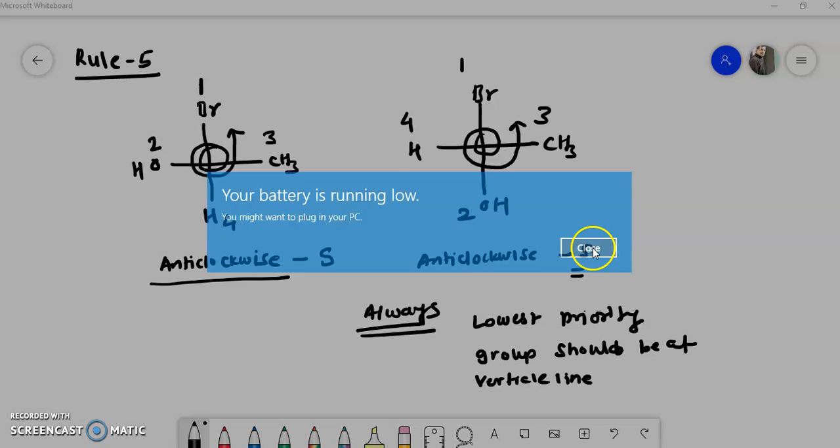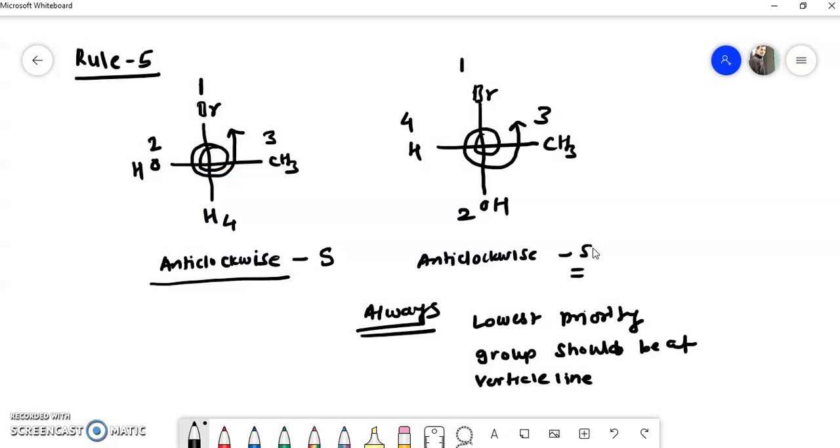It is called the conversion rule. For example, here is the S configuration as per the direction of this rotation, but as you see here, hydrogen is not on the vertical line. This configuration changes to R. So the configuration of this is R. This is called the conversion rule.